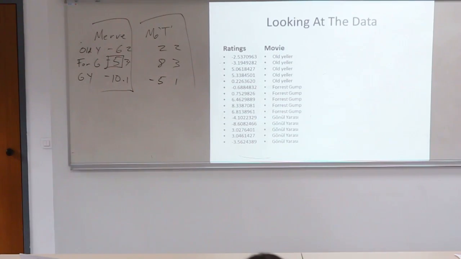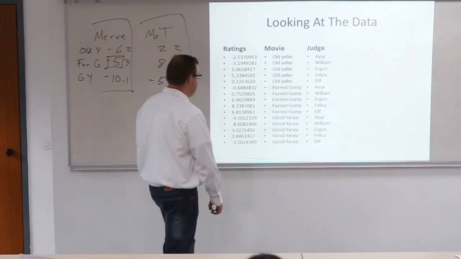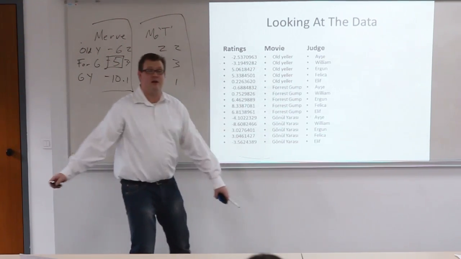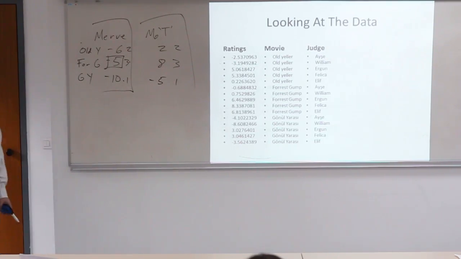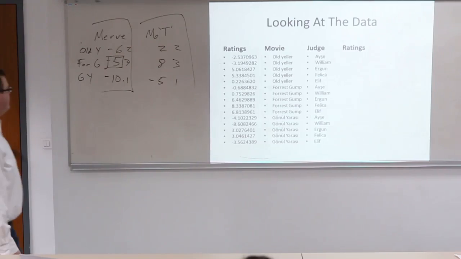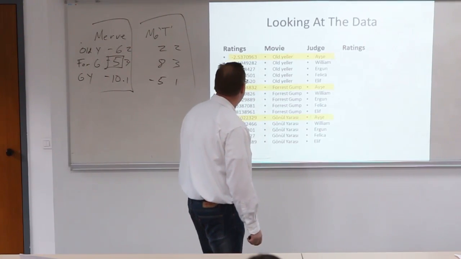Okay, so let's take another look at the data. We have our ratings, we have our movies, now we need judges. So we have Ayşe, William, Ergun, Felicia, and Elif rating each movie once. Ayşe watches Forrest Gump, and she watches all the others. So we have our ratings, our movies, and our judges. What is that? Ratings? I think maybe I am doing a ranking.